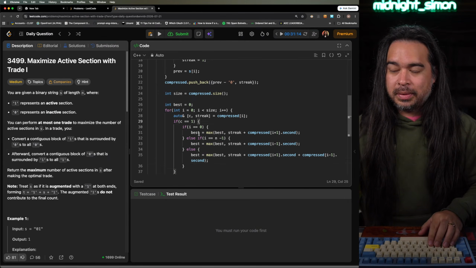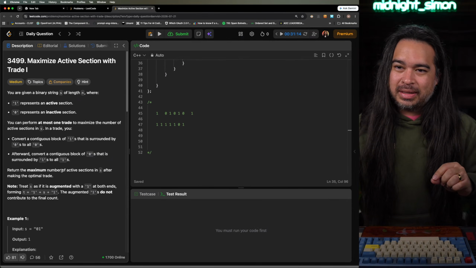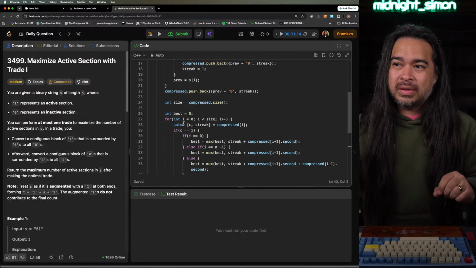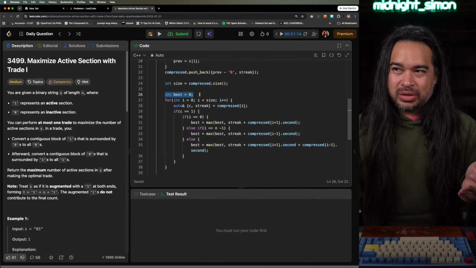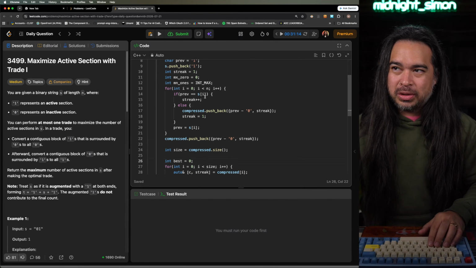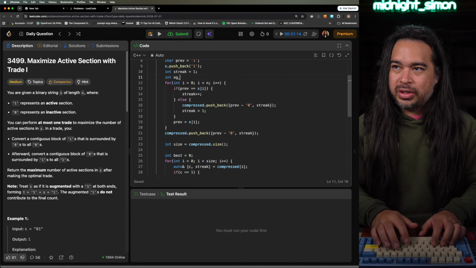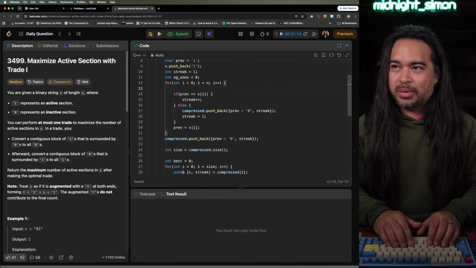So, but that's just like one section, man. It's asking for the maximum number of active sections. So I think instead of just best, I should also remember something else. I'm not sure what yet. I'm gonna say OG ones, and I'll count how many ones are in here originally.